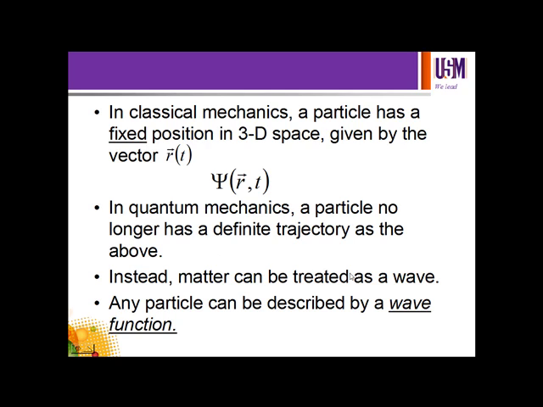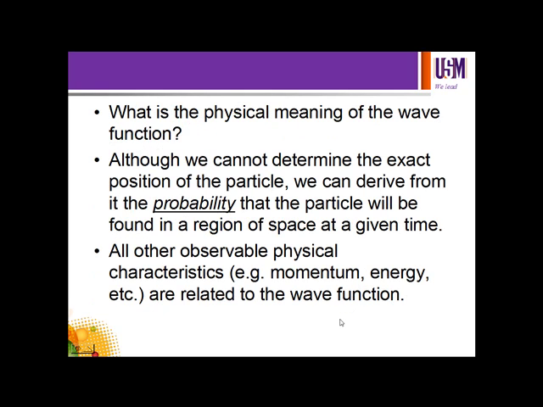Instead, matter can be treated as a wave. Remember the de Broglie wavelength of matter. Any particle can be described by a wave function. That means in order to describe a particle, electron, or any other particle at atomic and subatomic levels, the particle can be described by a wave function.